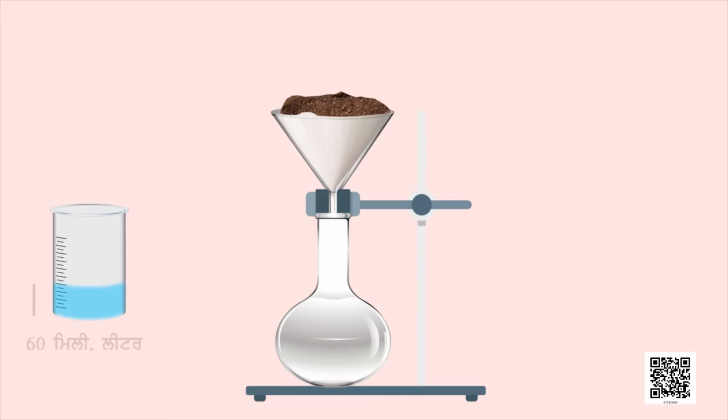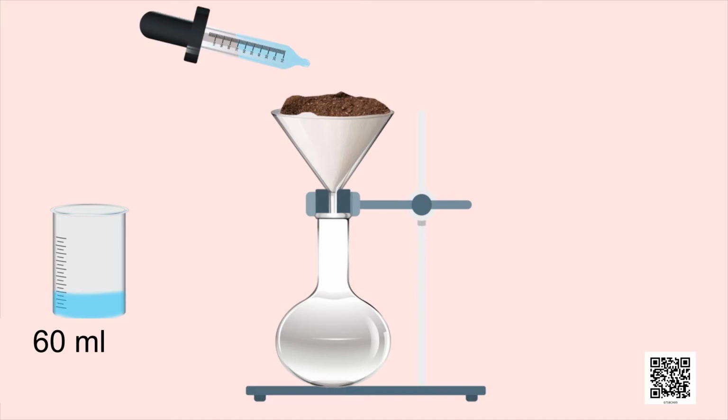Measure a certain amount of water in a measuring cylinder and pour it drop by drop in the soil. Pour water all over the soil. Keep pouring water till it starts dripping.